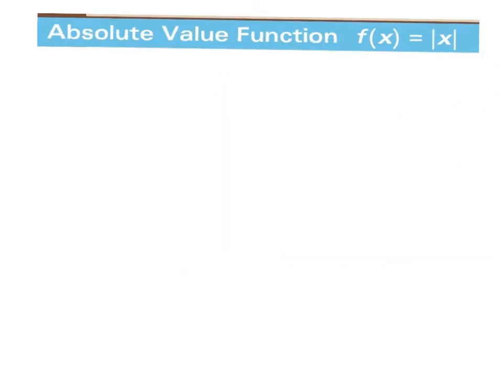The absolute value function, f of x equals, no, just absolute value of x, just an x in between two bars. The interesting thing about the absolute value function is that it's defined by different functions for different parts of the domain, which we'll get into now.